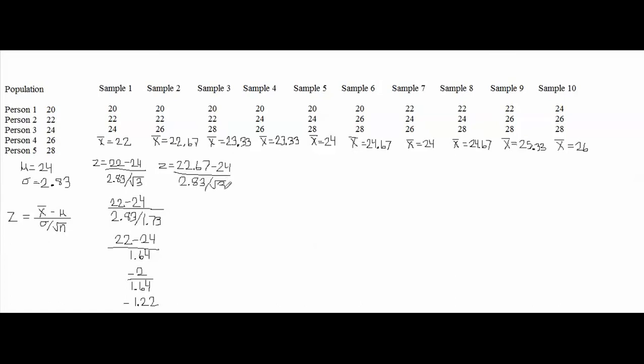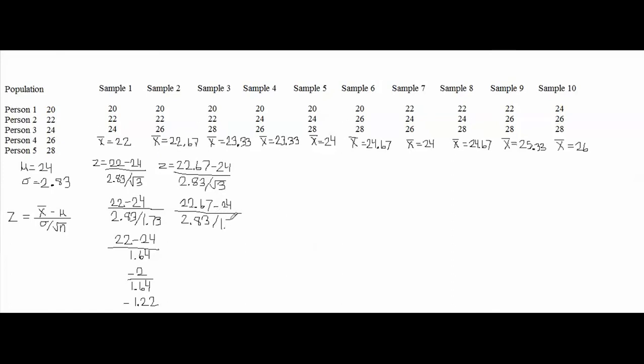Because we know that the square root of 3 is 1.73.